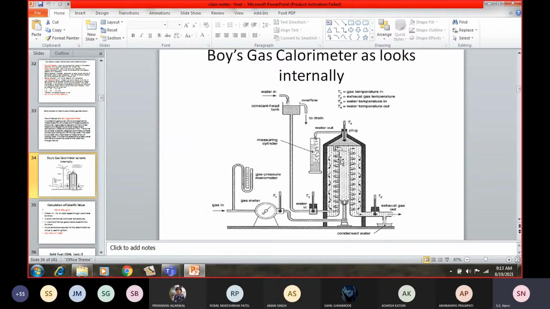Here you have inserted the thermometer, so you can note down the temperature of this outgoing water. This is the temperature of incoming water T3, and this is the temperature of outgoing water.